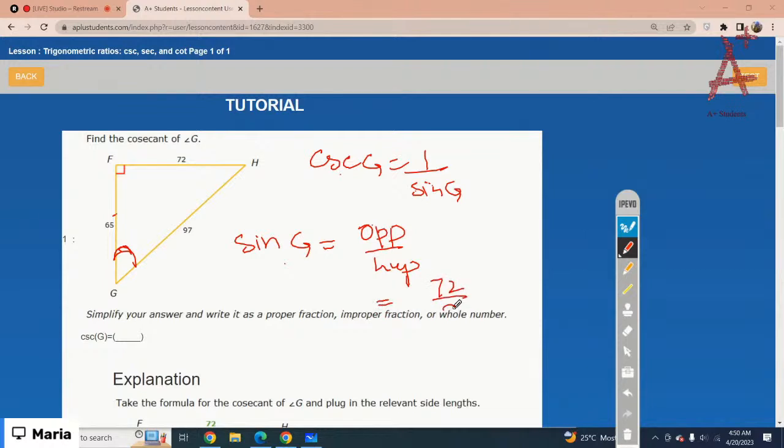It would be 72 over 97. Got it? That is sine of angle G. So for cosecant of angle G, you just have to take the reciprocal. It would be 97 over 72.